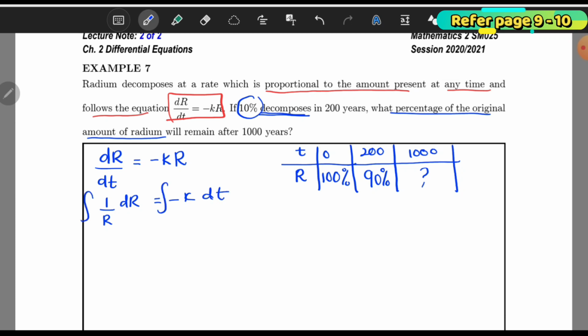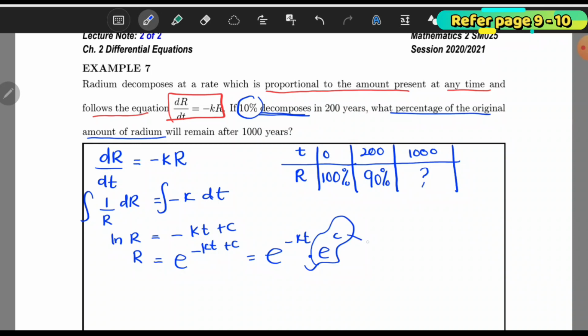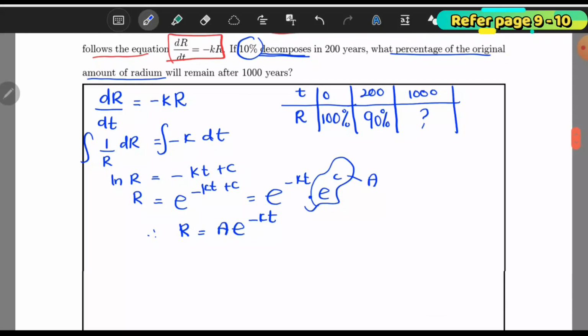By integrating both, we will get ln R equal to negative kt plus C. By taking exponent for both, we have R equal to exponent negative kt plus C, or we can write it as exponent negative kt times exponent C. We state exponent C as A. Therefore, we have R equal to A exponent negative kt. So this is the general solution.